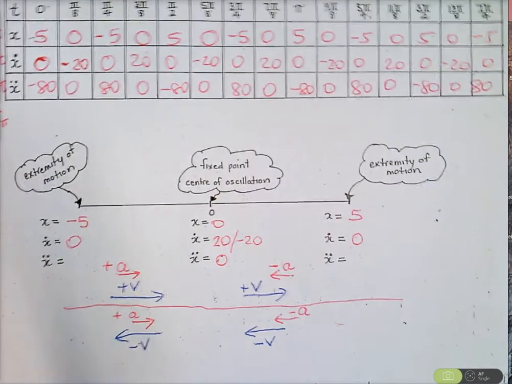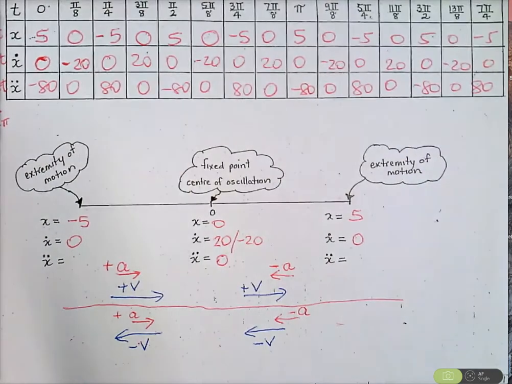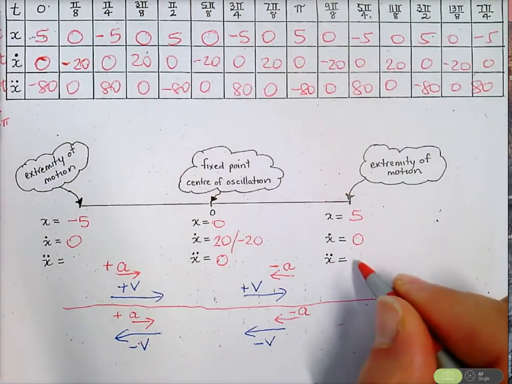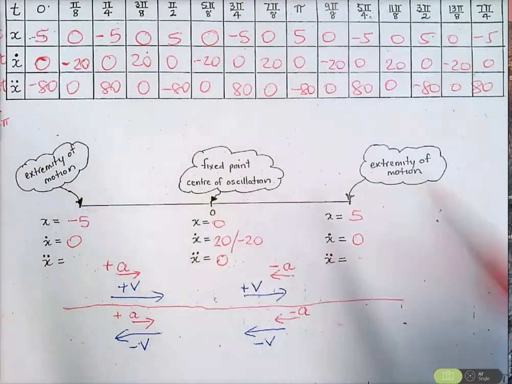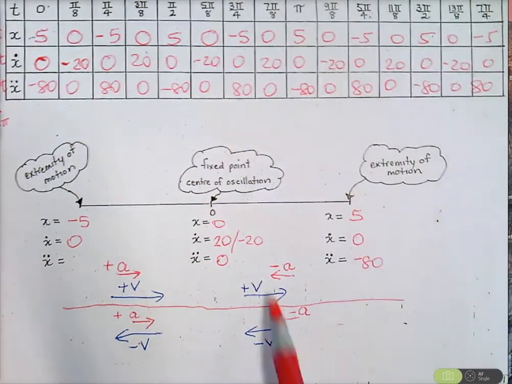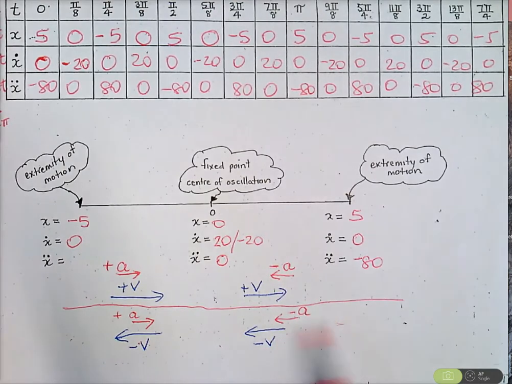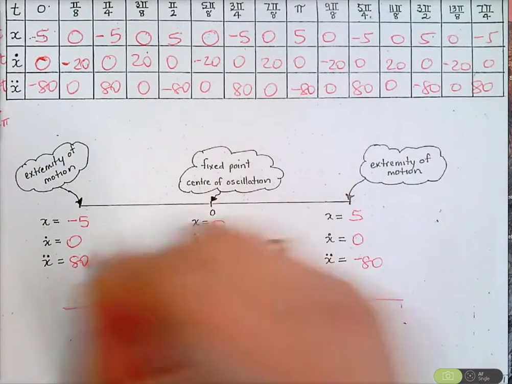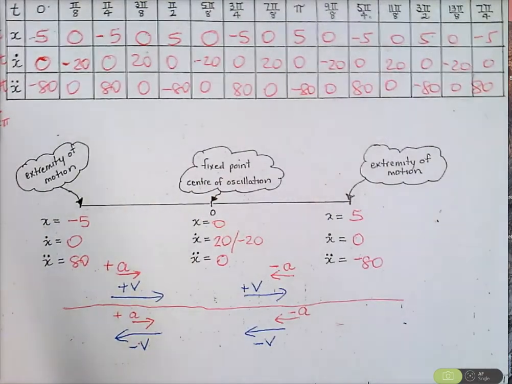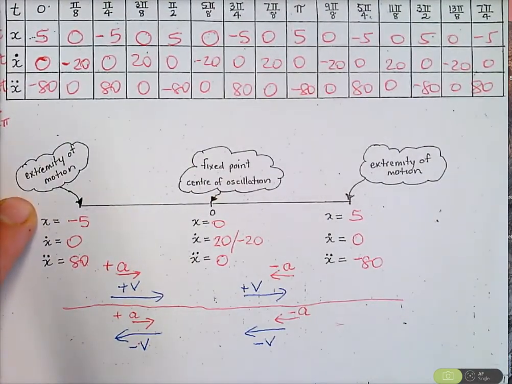Now, the acceleration graph: it's a max on the ends. When displacement is positive 5, we've got negative 80, because see how we've got negative acceleration here, that's the negative 80. And over here I've got the positive 80. So when the displacement's negative, the acceleration's positive on this side.